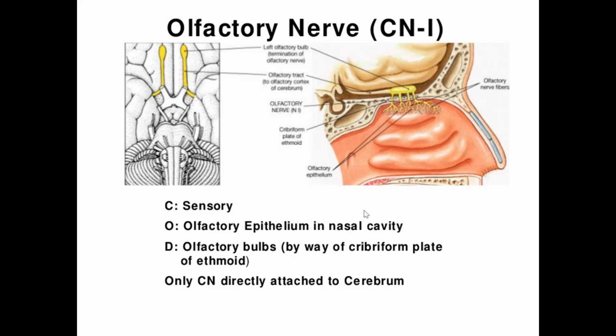It is a pure sensory nerve which supplies sensory fibers to the olfactory epithelium in the nasal cavity over here. These olfactory nerve fibers converge in the olfactory bulb. Through the cribriform plate, these olfactory nerves converge in the olfactory bulb, and it is the only cranial nerve that is directly attached to the cerebrum.